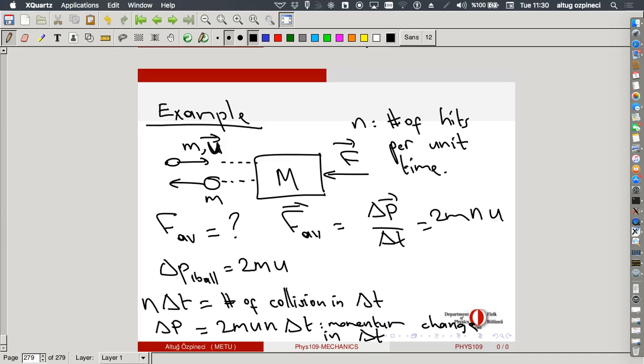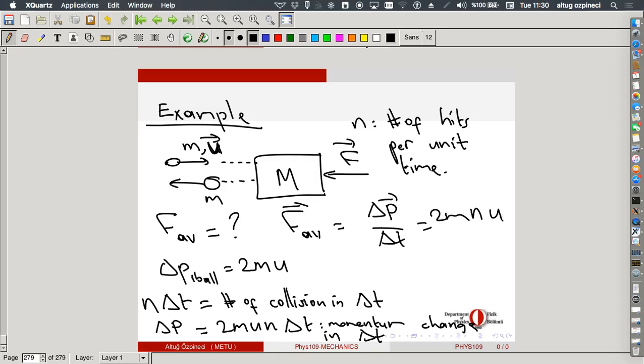So what we did is, first of all, we had to determine what we want to calculate. So you have to be clear on what you are aiming at. In this case, we wanted to calculate the change in the momentum of the balls in a time delta t, so that we can calculate the average force exerted on the balls. Remember, this is what we have actually calculated. We have calculated the average force exerted on the balls.